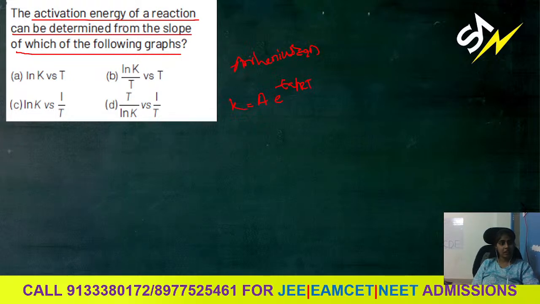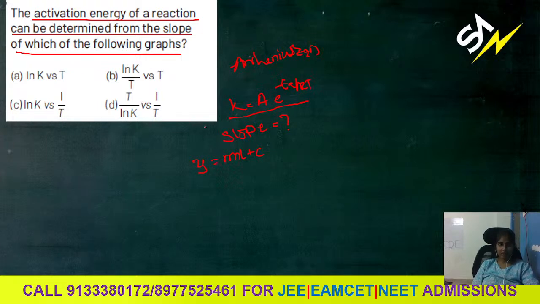What they are asking is that the activation energy of a reaction can be determined from the slope. We need to see the slope. So if we need to find a slope, we need to convert the equation into the form y is equal to mx plus c. So to this equation, apply logarithm on both sides.